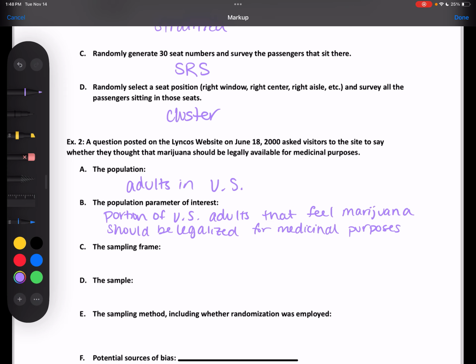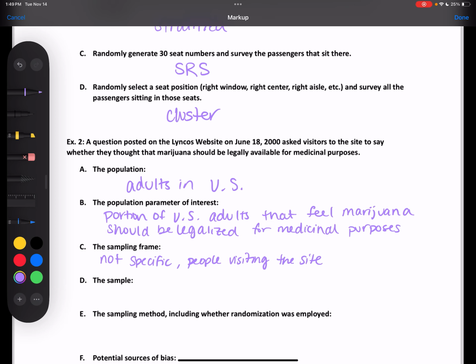The sampling frame. Now this one, it's not really specific, but obviously it's asking people who visit the site, so we would say the visitors to the site, or people visiting the site. Because obviously we don't know who's going to this site.